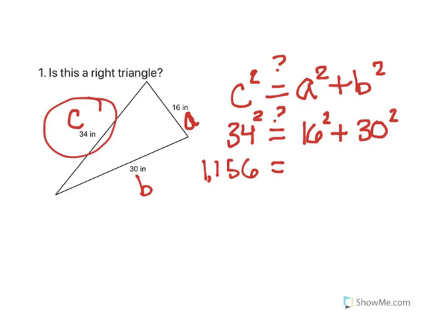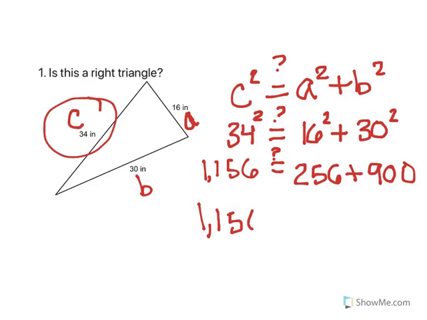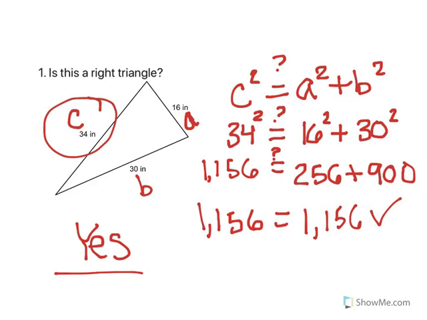What is 16 squared plus 30 squared? 16 squared is 256. 30 squared is 900. Does that equal 1,156? Yes, 256 plus 900 is indeed 1,156. Check. So yes, to answer that question, this is a right triangle.